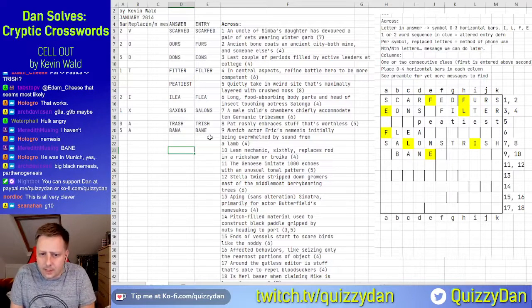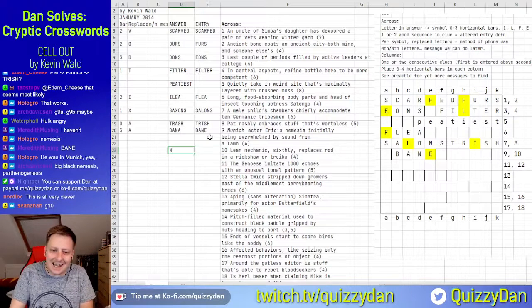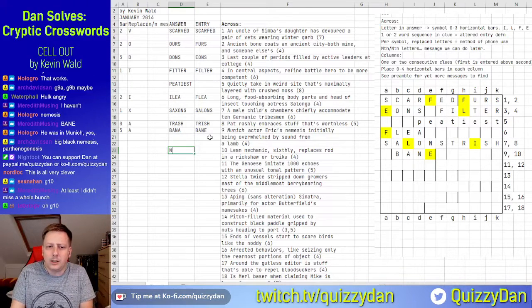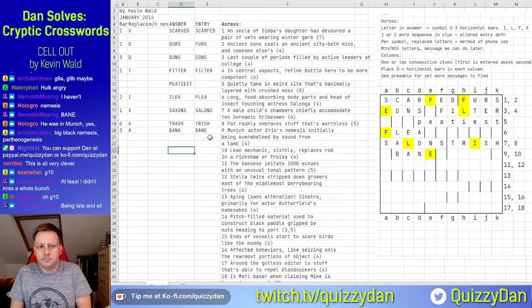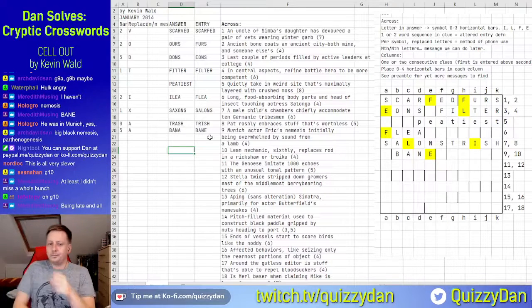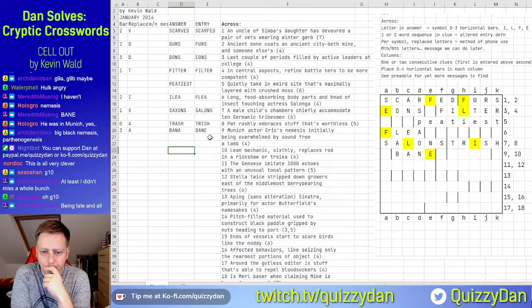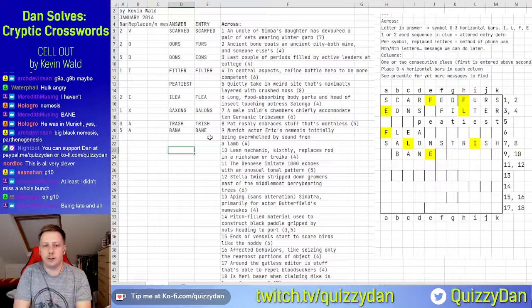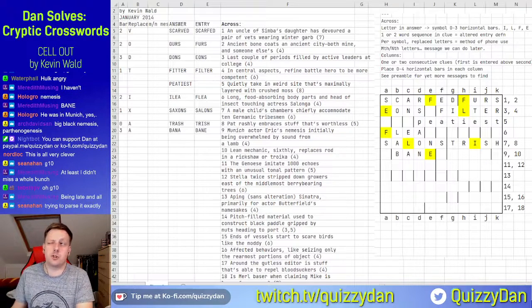Hint, please, Sean. Then lean without fat. Mechanic sixthly is N, and that is going to replace a rod, possibly an I, in a rickshaw. What is troika? I'm going to look up what troika is, because I've heard of perestroika.